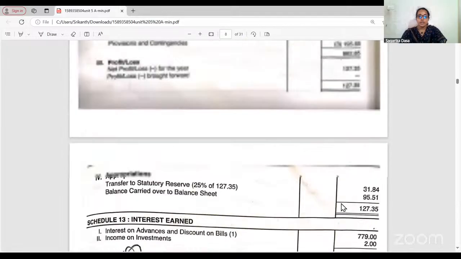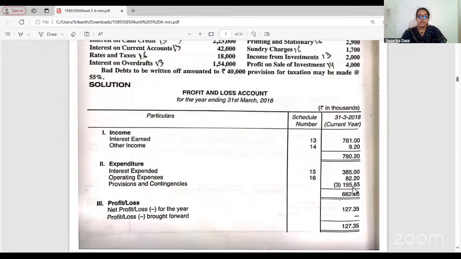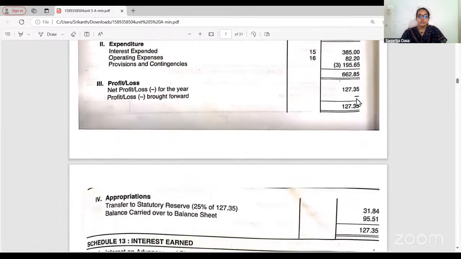The same amount we have taken here, 195.65. This is your total of expenditure. So total of income minus total of expenditure is your net profit for the year, that is 127.35. Last year profit is nil, so we will take it as nil. Now for transfer to statutory reserve we have to take 25%. So 127.35 into 25%, which comes to 31.84.